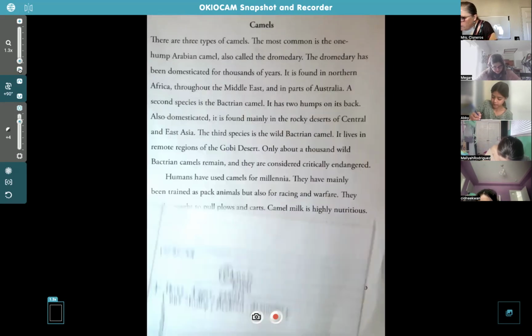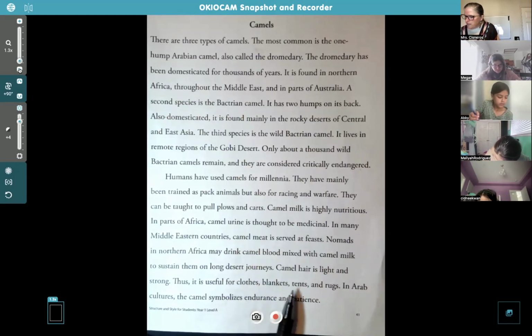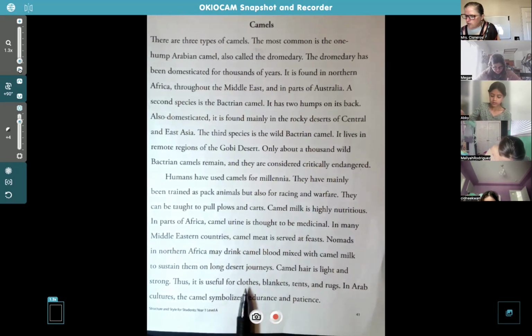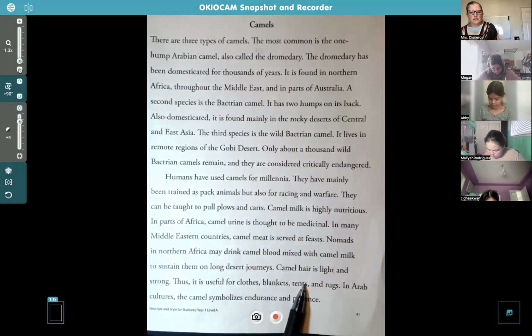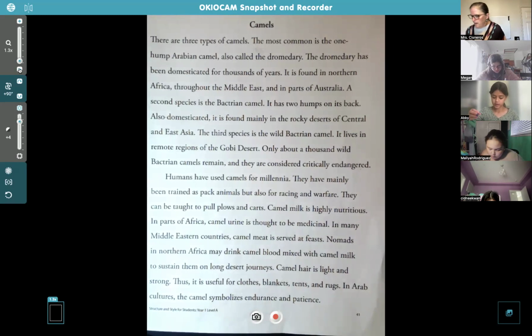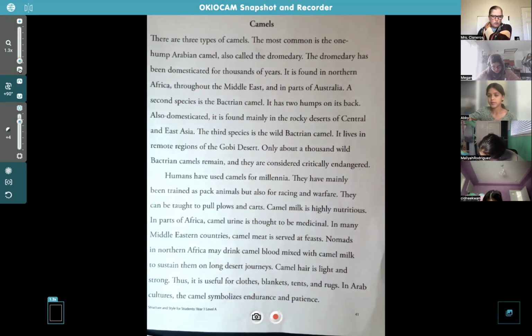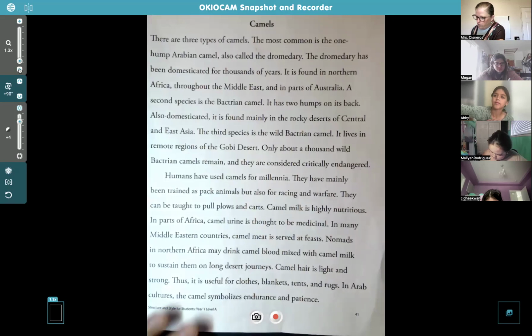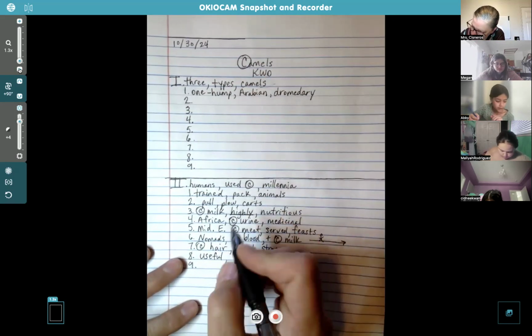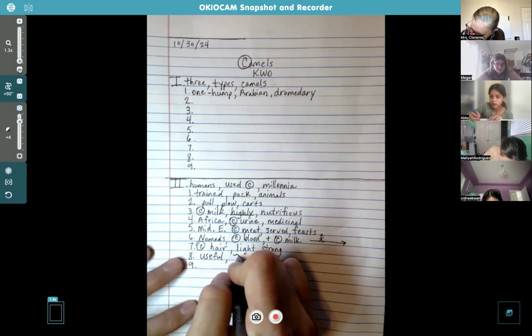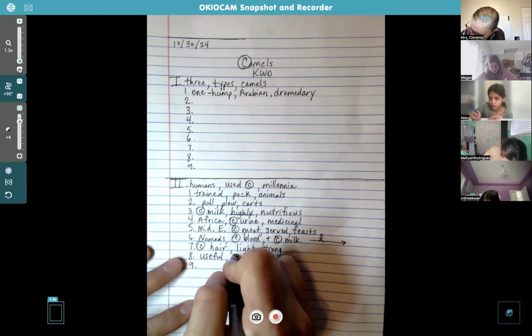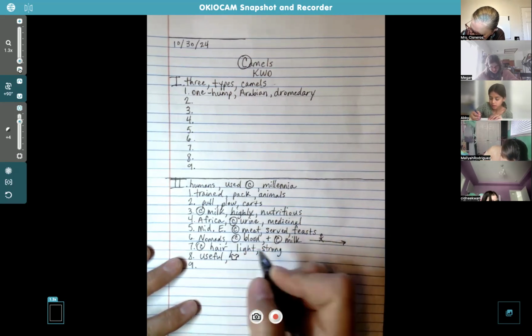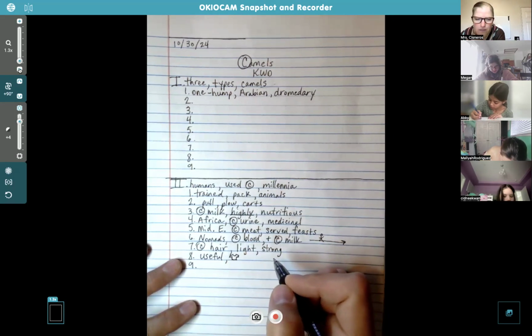Useful. So it says clothes, blankets, tents, and rugs. I know how to draw a shirt and maybe a tent. So maybe then I'll use the words blankets and rugs. But you guys can pick two and then draw the other two. Whatever you pick, I'm going to do it that way. So I'm going to do it like a t-shirt here, kind of. Oh, I like t-shirts. Yeah, me too. I always draw t-shirts.